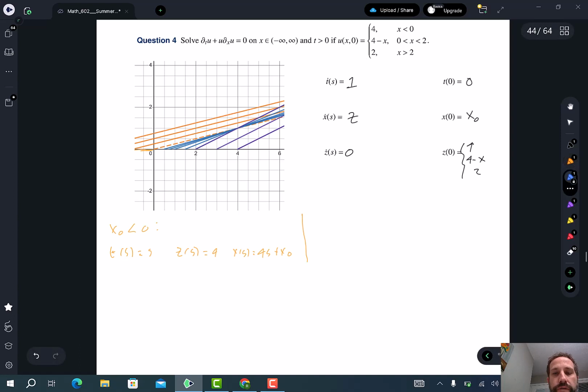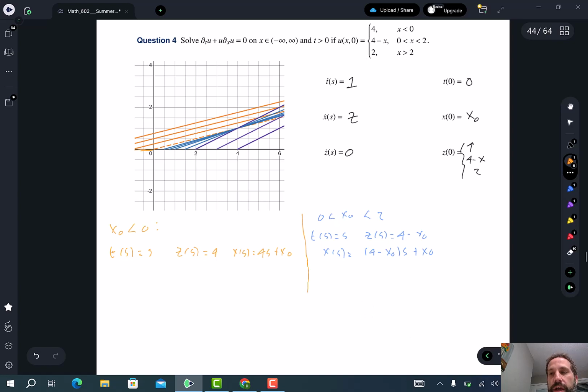If I look at the blue part for 0 less than x naught less than 2, what's going to happen here is, again, t of s is going to be equal to s, but now z of s is going to be equal to 4 minus x naught, and x of s will then be 4 minus x naught s plus x naught.